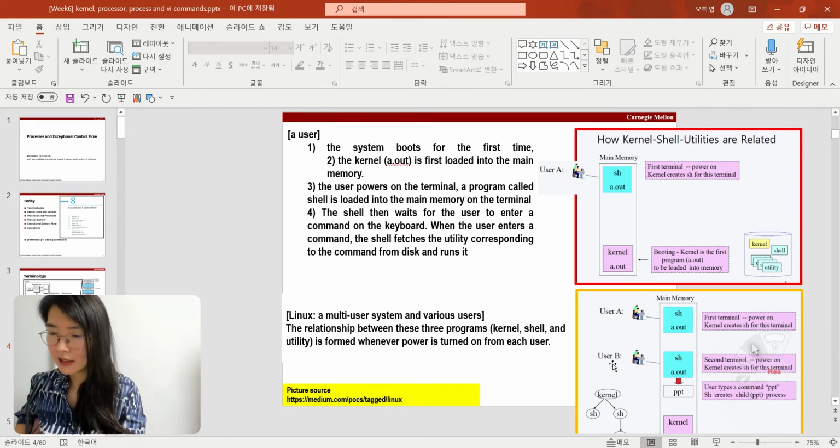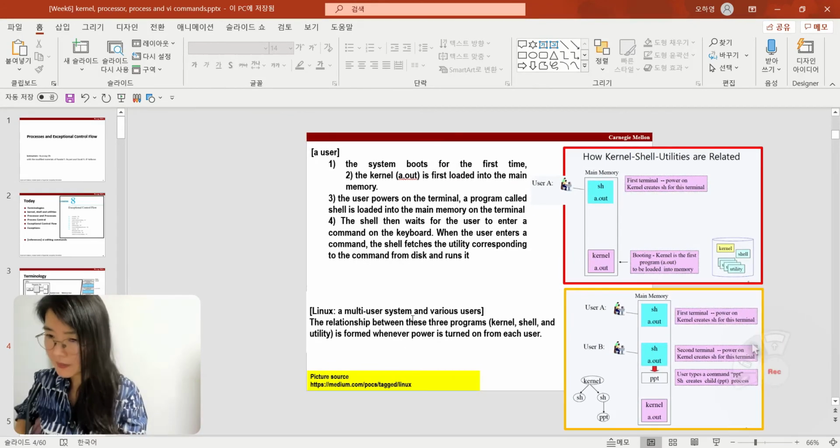User B can also use Linux similar to user A. Each user cannot know each other. They can be served independently and perfectly in the same Linux system. All right, so Linux is very famous for covering multi-user systems. Okay, so in this case, the kernel can make each process for each user, and they can be controlled independently and efficiently.